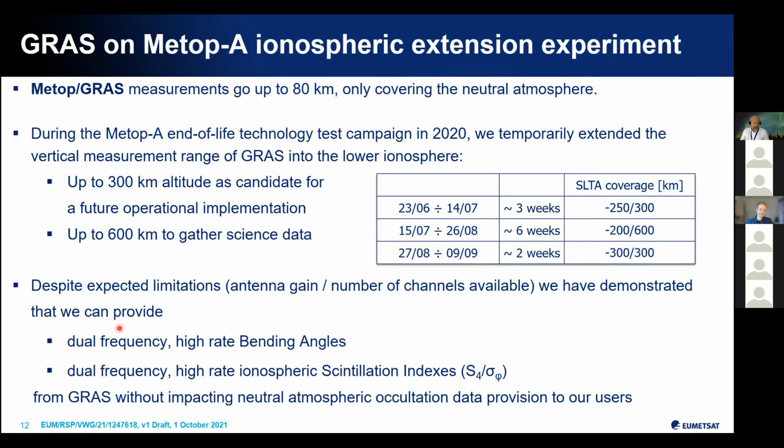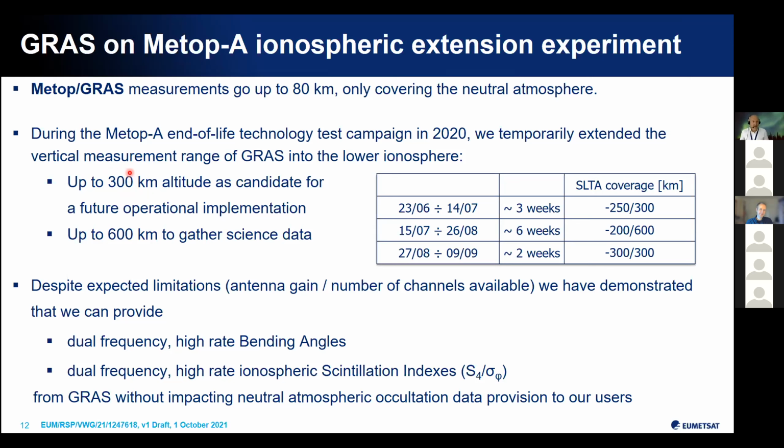But at the end of the day, we were able to generate dual frequency, high rate bending angles and ionospheric amplitude and phase scintillation indexes with GRAS without impacting too much the neutral atmospheric occultation data provision to our users. We noticed that with the experiment up to 300 kilometers, we had less than 1% fewer occultations provided to the users.